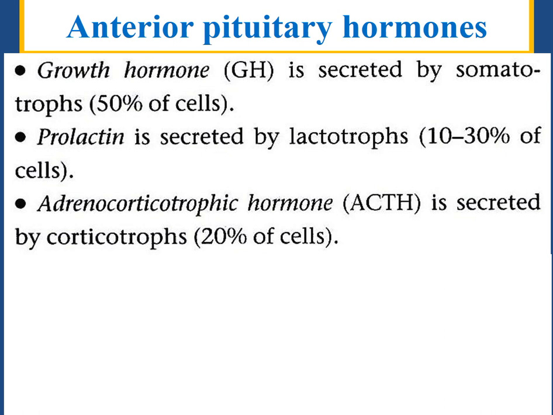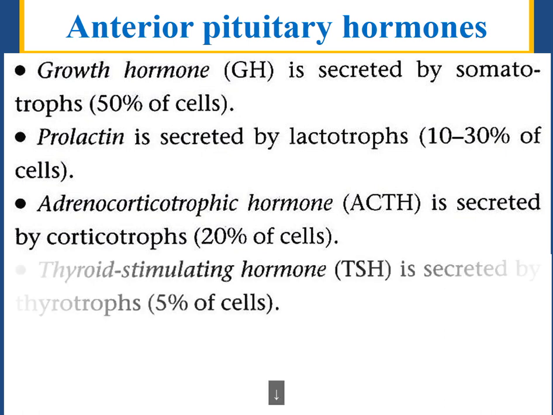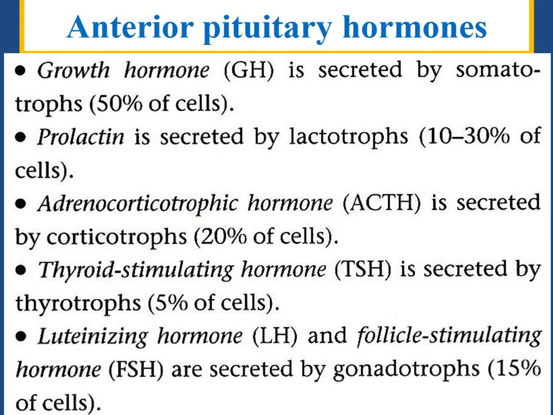Adrenocorticotrophic hormone, ACTH, is secreted by the corticotrophs, 20% of cells. And thyroid stimulating hormone, TSH, is secreted by the thyrotrophs, with 5% of cells. And luteinizing hormone, LH, and follicle-stimulating hormone, FSH, are secreted by gonadotrophs, 15% of cells.